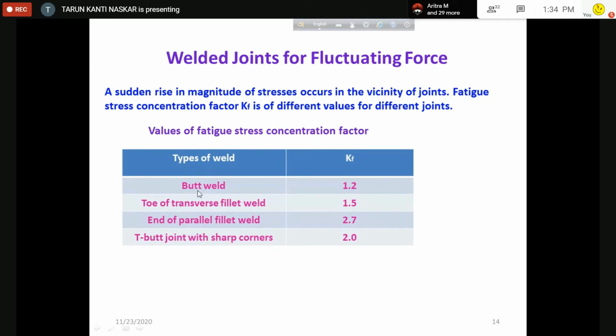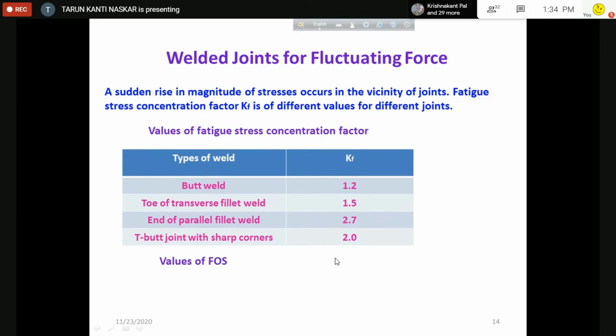So types of weld: when butt weld, Kf is 1.2; at the toe of transverse fillet weld it is 1.5; end of parallel fillet weld it is 2.7; and T-bar joint with sharp corner it is 2. So accordingly we have to select the value of Kf. Stress concentration factor is important for fatigue.